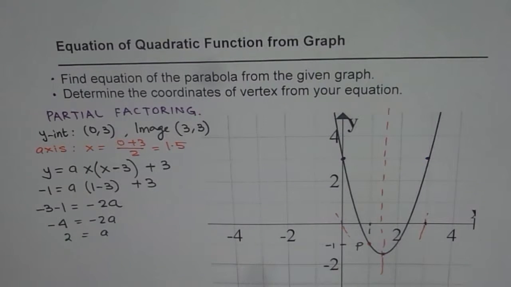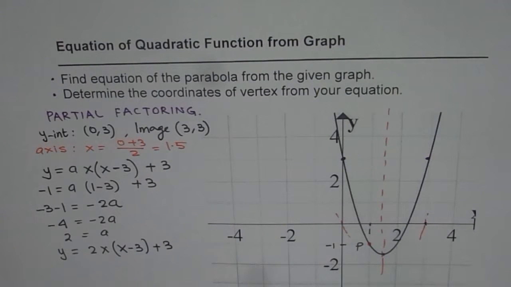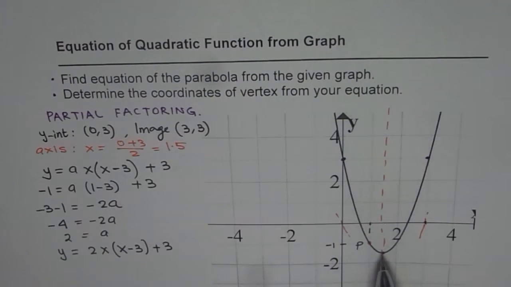Since we know a now, we can write down our equation. So the equation is y equals 2x times x minus 3 plus 3. So that is the equation in the partial factored form, correct? Now from this equation we can find the vertex by placing x equals 1.5, the axis of symmetry, right?